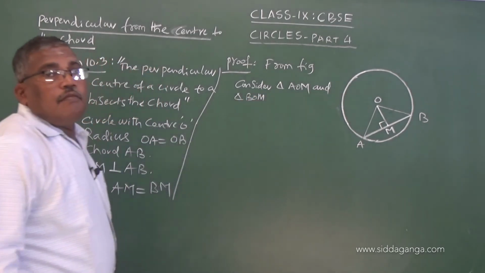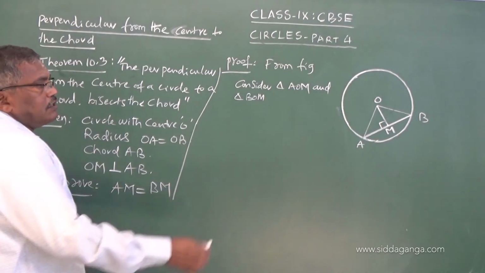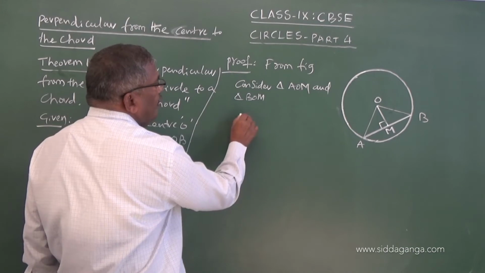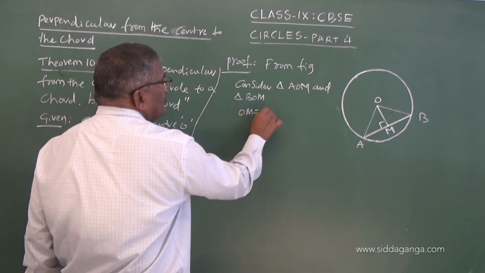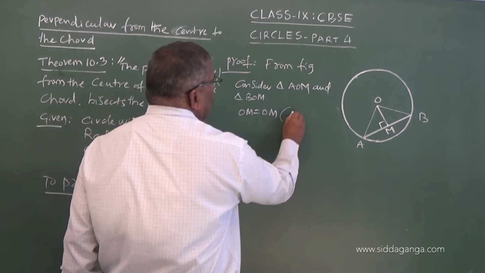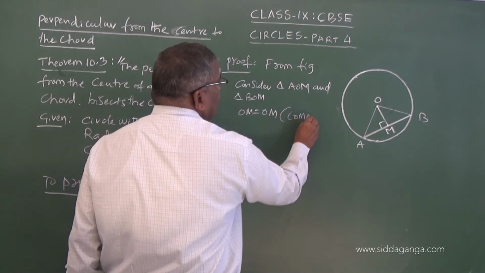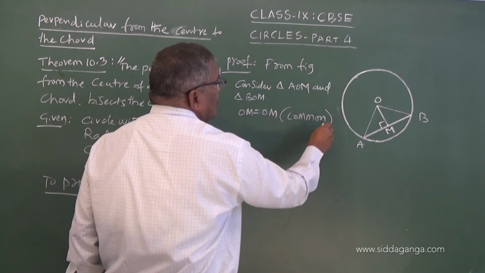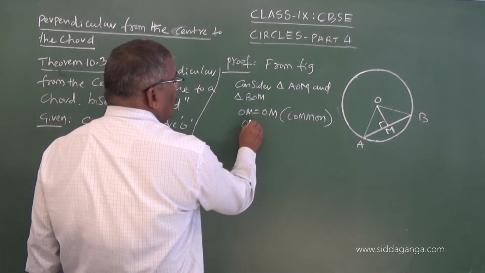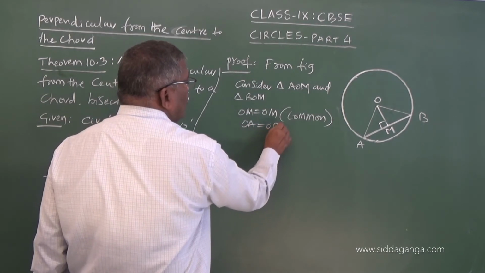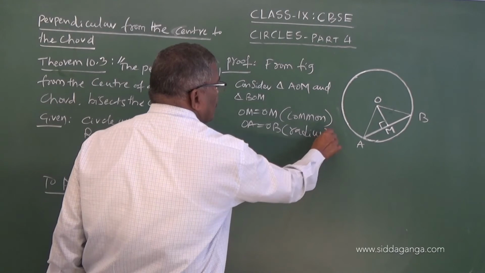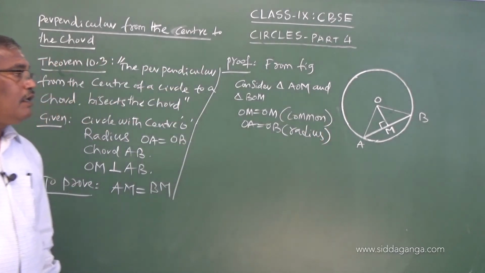In these two triangles, you can see OM is equal to OM. It is applicable to both the triangles, a common side. And OA equals OB, both are radius.